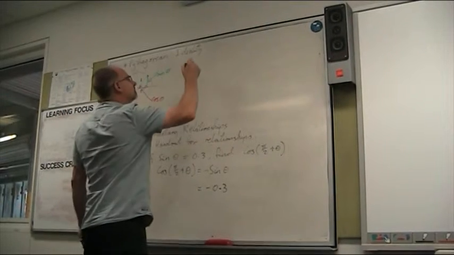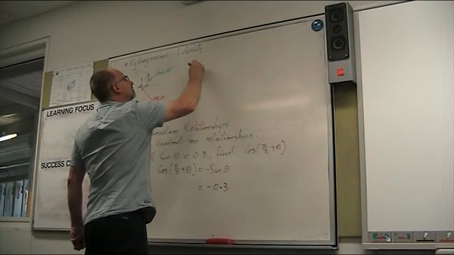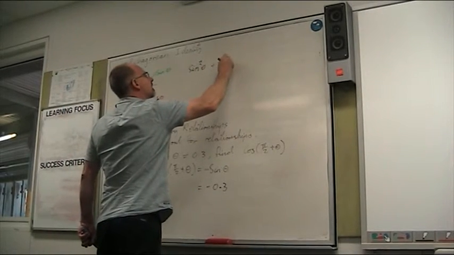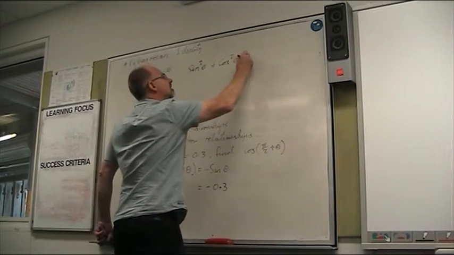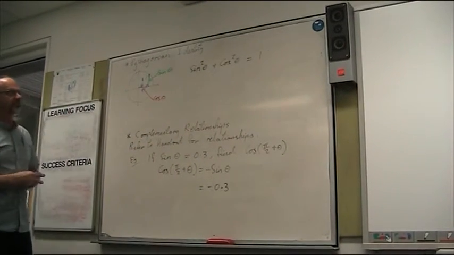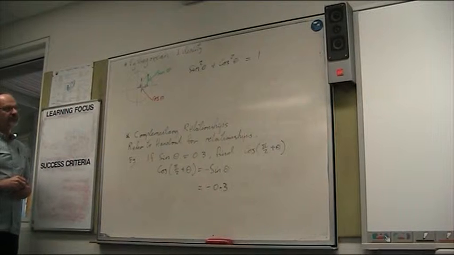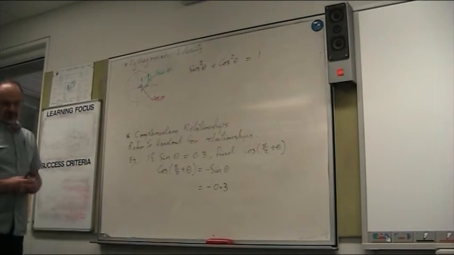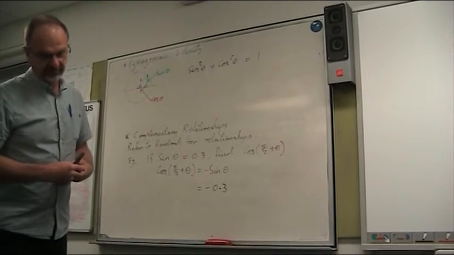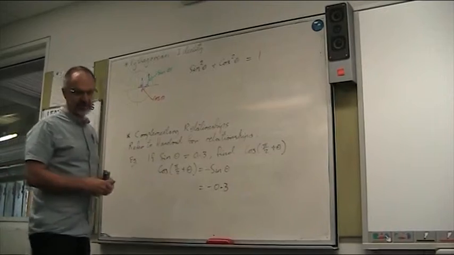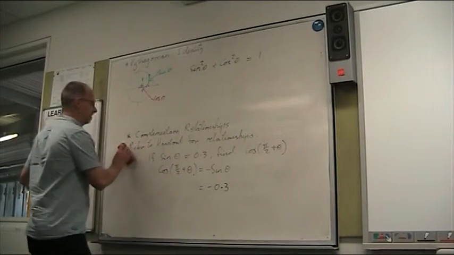So we know that sine squared theta plus cos squared theta is equal to 1 squared, which of course is 1. Alright, so that's the Pythagorean identity, and we can use that in the following way.